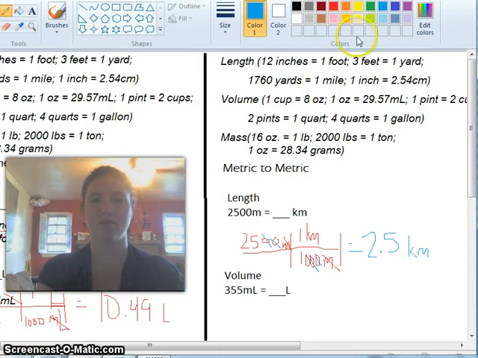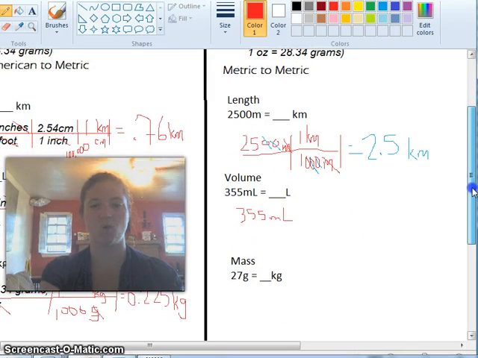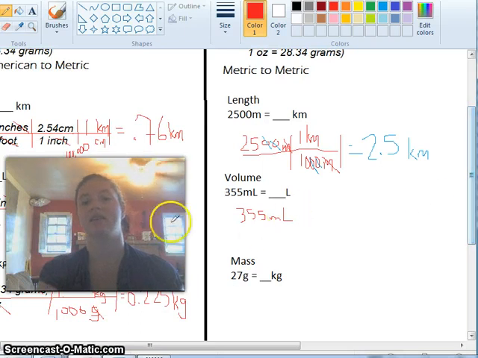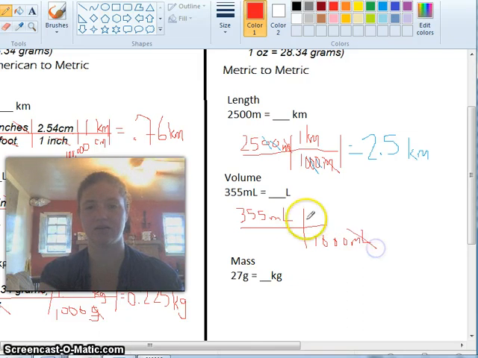All right, well, let's look at our volume one. We start off with our 355 milliliters. And we should know that milli means 1,000th. So we know that there are 1,000 milliliters in 1 liter. So if I put my 1,000 down here for my milliliters, that way my milliliters will cross out. And that gives me 1 liter up here at the top.